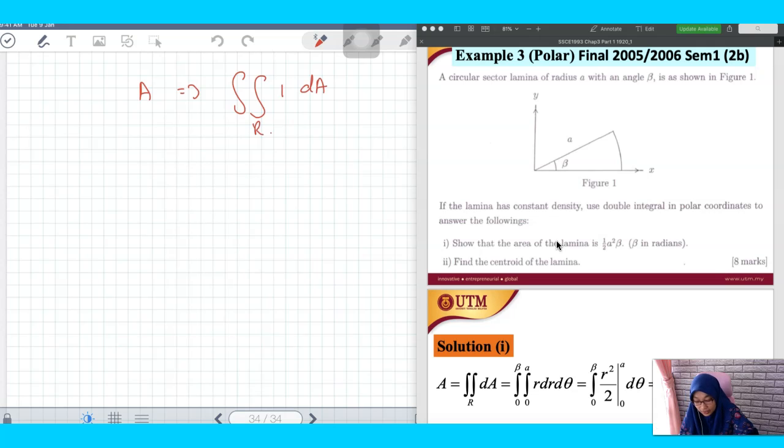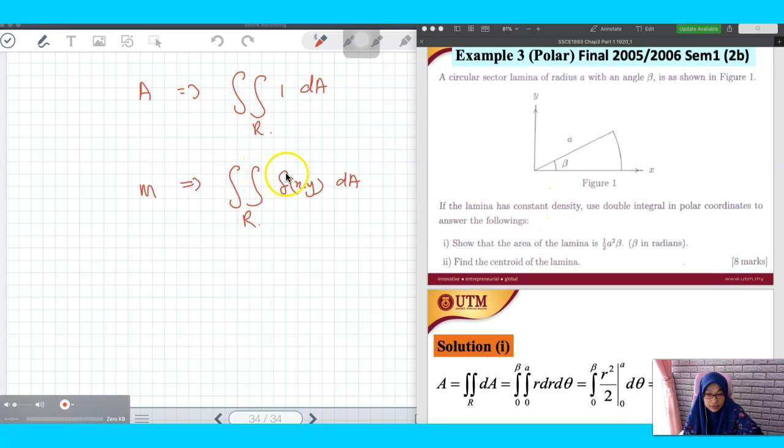Now we relate that with the mass. What is the formula of mass? We also need to use a double integral, with the density function and dA over the region. So in this case, they said the density function is constant.